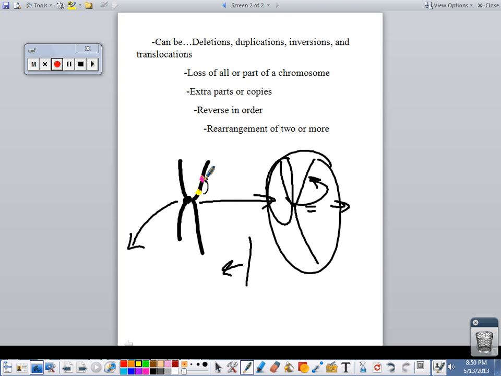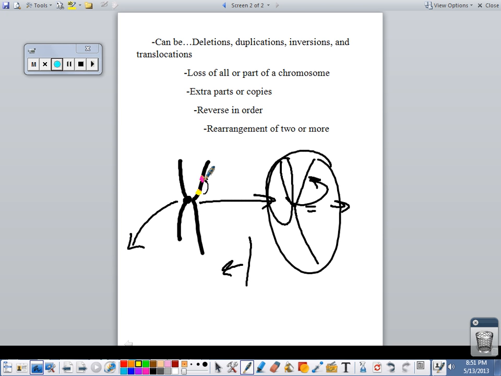An important part to remember with each one of these: loss of all or parts of a chromosome can be very detrimental to how the traits are expressed. If you have extra copies, you have extra alleles, and traits can be expressed differently. A reversal in the order of how the alleles are arranged can result in a different protein being made, and the same with a rearrangement of two or more.